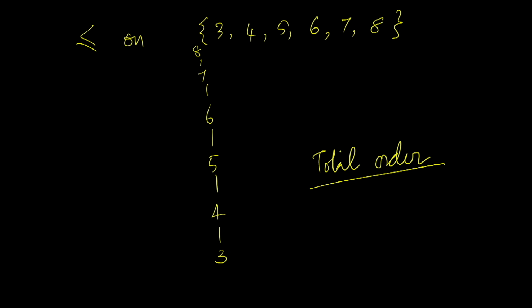But in the Hasse diagram we do not draw every possible line, we show only the immediate predecessor. So, the immediate predecessor of 4 is 3, the immediate predecessor of 5 is 4, the preceding number. In fact, to get the partial order you should apply transitivity on this predecessor relation that is shown here. For example, there is a path from 4 to 6 here in this diagram. Therefore, we know that 4 is actually a predecessor of 6. 4 is less than or equal to 6.